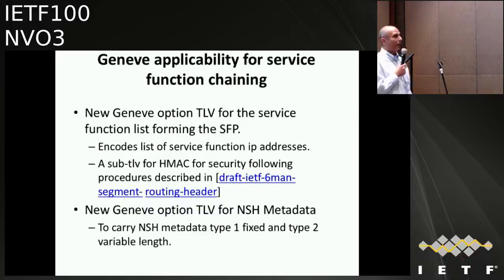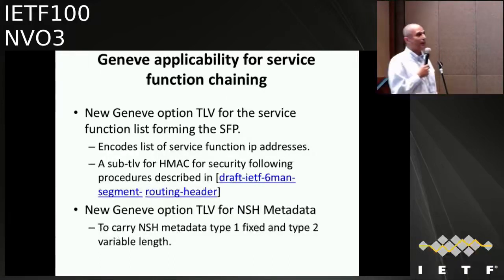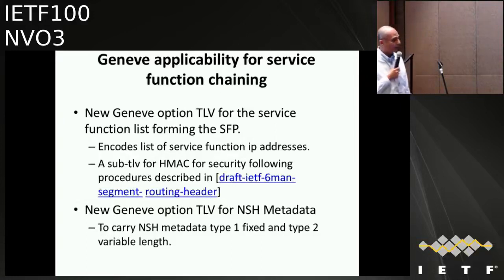Of course, by doing this, we eliminate the need of having a path ID or a service topology or a service forwarding table that maps the path ID and service index as defined by NSH to an IP. And as well, we can carry in another option TLV the NSH metadata.